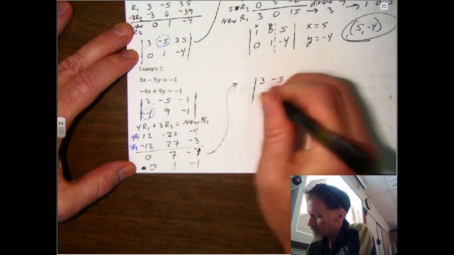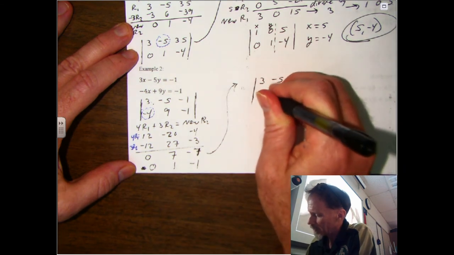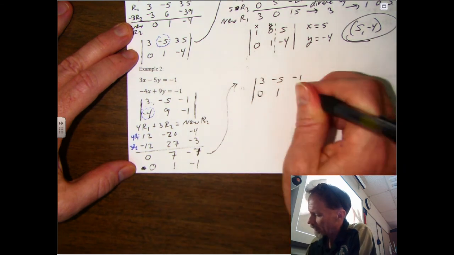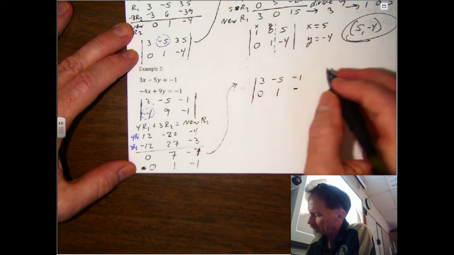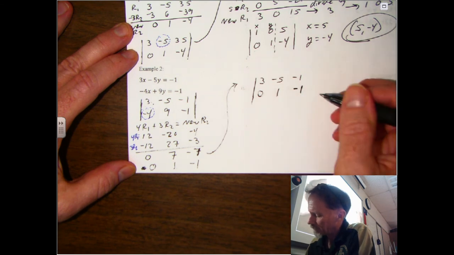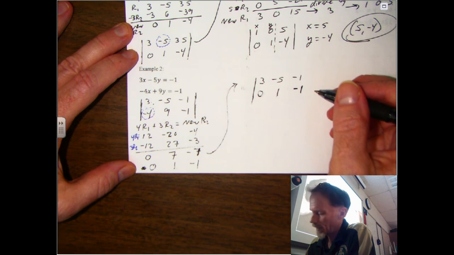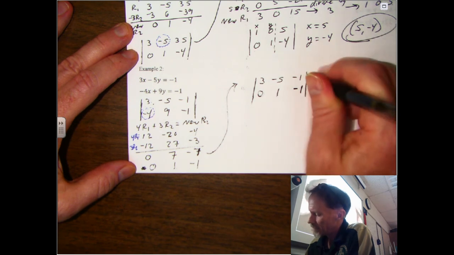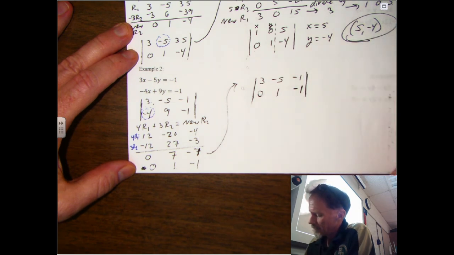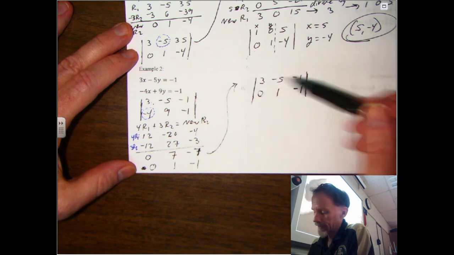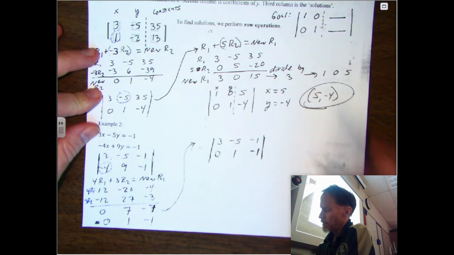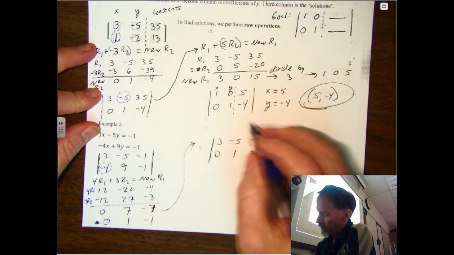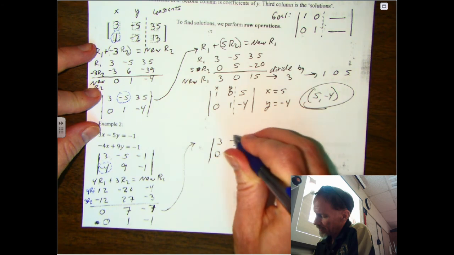And now I have on the bottom 0, 1, and negative 1. Okay. Now what I want, and again, remember my goal, now I want my other 0 right here where the negative 5 is.